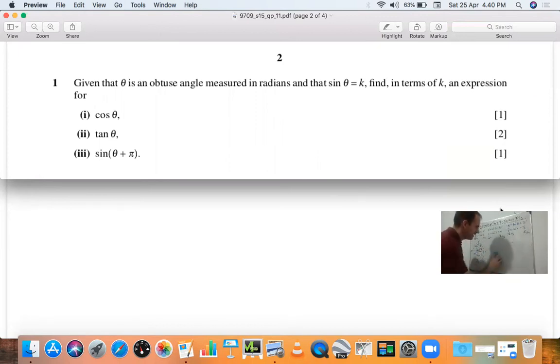Given that an angle is obtuse, so remember we talked about that, so we have obtuse, and we have sine theta equals k. And it wants us to find, in terms of k, an expression for cosine theta, tan theta, and for sine of theta plus pi.